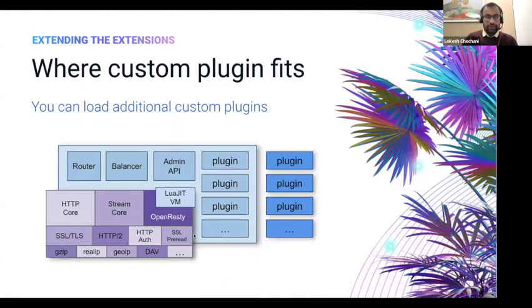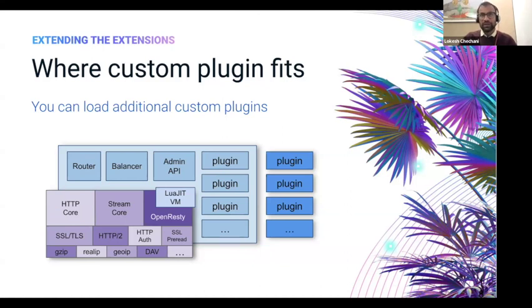So if I just draw where this custom plugin fits into the whole architecture, where Kong comes into it, it fits at the same level where our existing plugins fit. What I'm saying is that it leverages the same LuaJIT and same processes where your existing plugin is executed, and that gives the custom plugin a sort of native run.